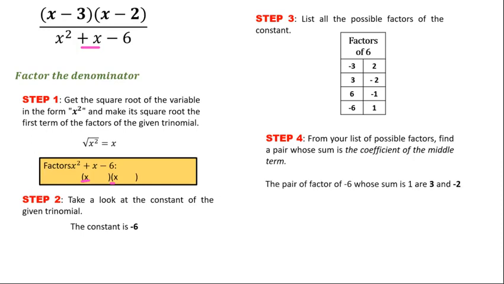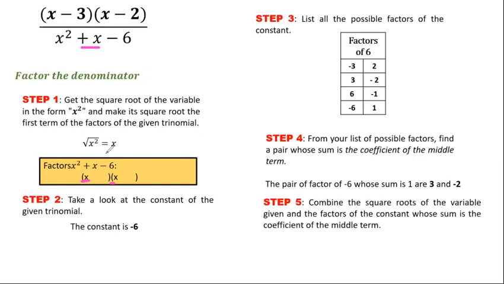And yung factors na pag-i-add natin ay positive 1 yung answer, ay ang factors na 3 and negative 2. Kaya yan yung ating i-combine with our x here na first term natin ng dalawang factors to get the factored form of our denominator.